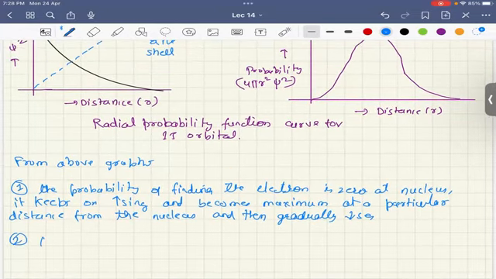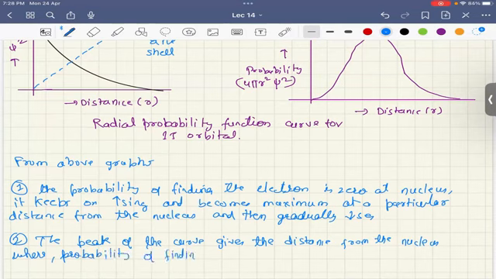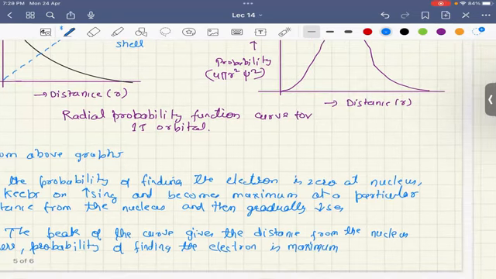The peak of the curve gives the distance from the nucleus where the probability of finding the electron is maximum, right?